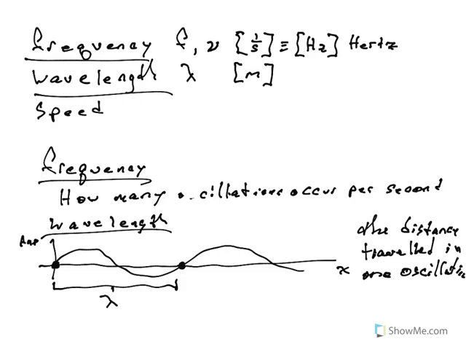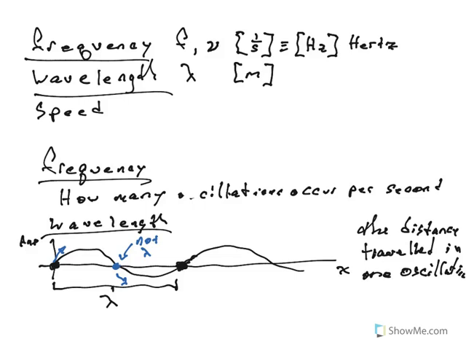Notice it's not from the beginning to this node here, because the starting point is it's at the 0 point and then it moves upwards in its wave. Whereas here it's at the 0 point but it's moving downwards, so it hasn't quite done a whole oscillation. It's done a whole oscillation by the time it's reached back to the same as the starting point, and it's moving in the same way as the starting point was.